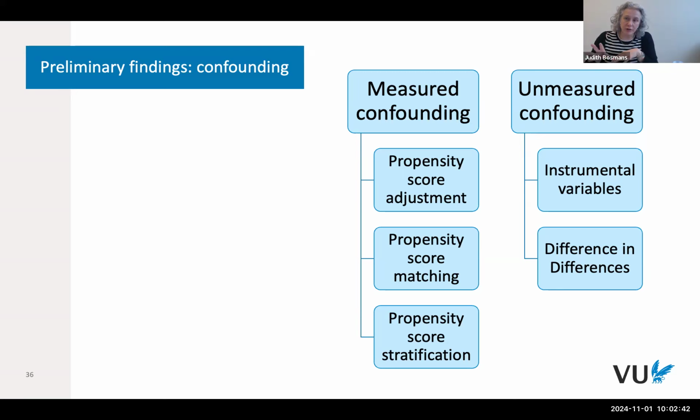If we look at measured confounding, then based on the scoping review that Anita did, propensity score methods seem to be the most appropriate method to deal with confounding. Basically, you estimate the propensity score, which reflects the probability that the participant receives the intervention under study.